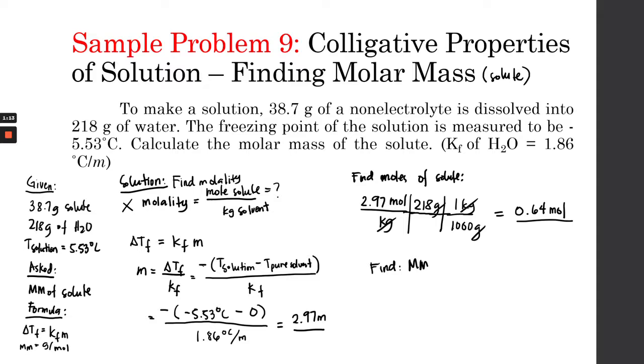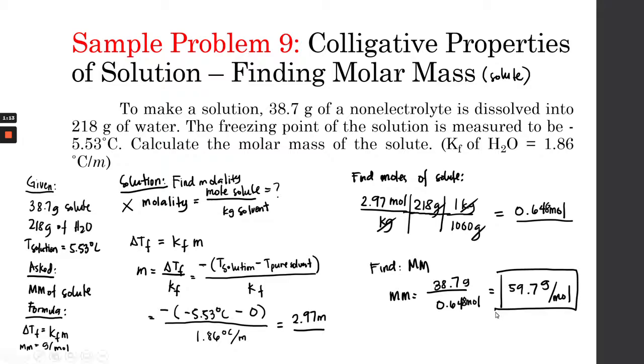And now that we found the moles, we can find the molar mass. Molar mass equals the grams of our solute, which is 38.7, divided by 0.648. And our molar mass is equal to 59.7 grams per mole.